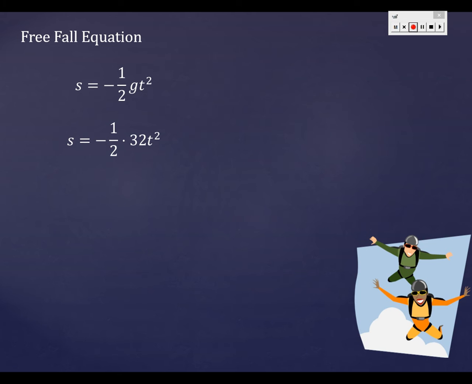So here's a nice free fall equation, and by that I mean this gives your position s above the ground at a time t, right? That's what this is. So there it is, simplified. This is measured in feet, the position in feet above the ground at time t measured in seconds after you drop an object.